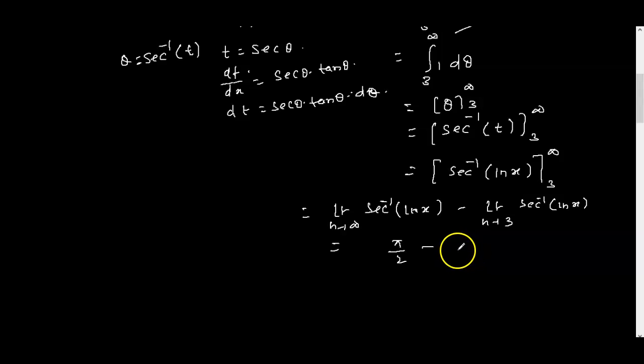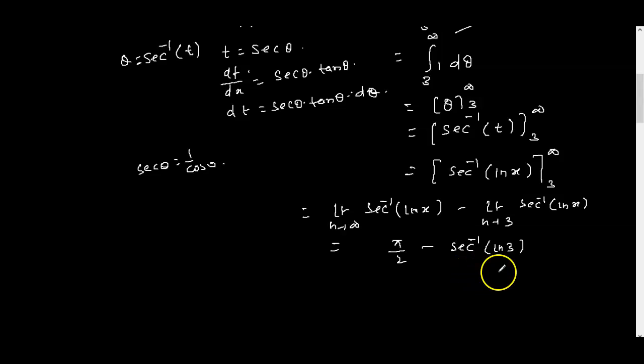If you put it, you get sec inverse of ln 3. Any doubt in this? If you put infinity here, sec inverse infinity is pi by 2, because sec theta is equal to what? 1 by cos theta. Getting? Any doubt in this?